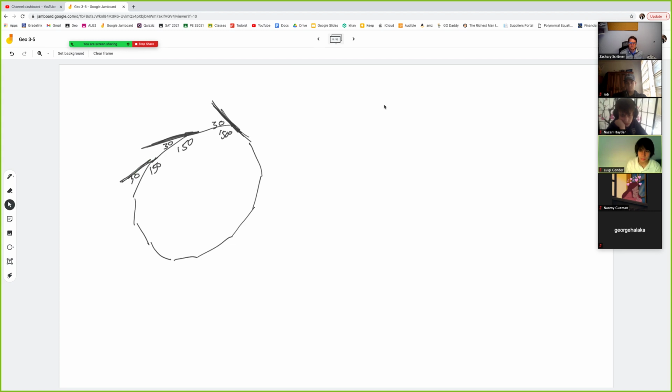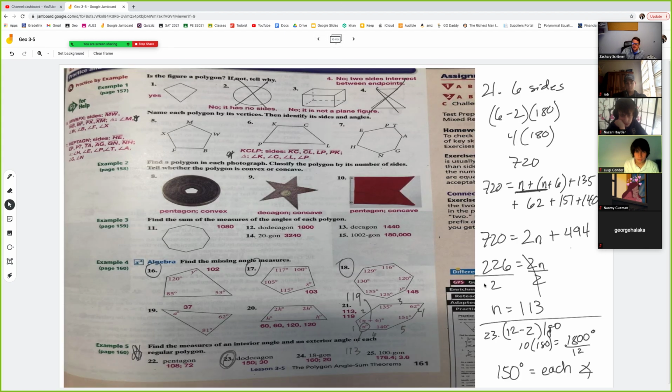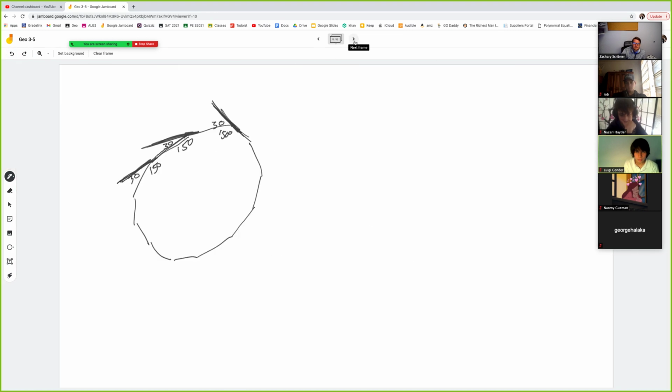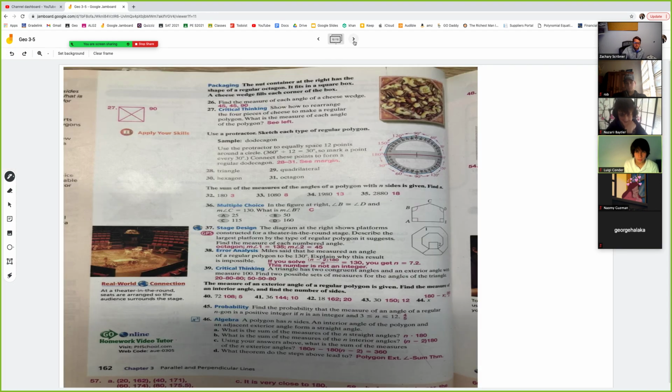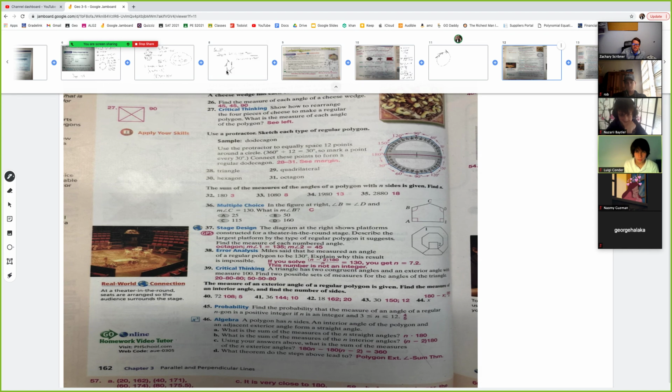Because 150 plus 30 makes your straight line, which is 180. That's how you would find this number here, 30. All right. So that right there is section 3.5.